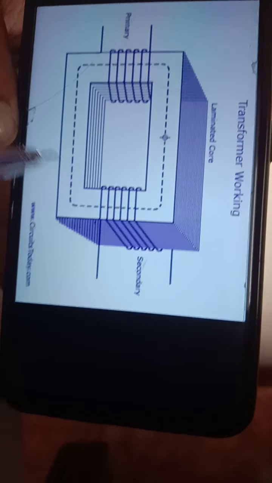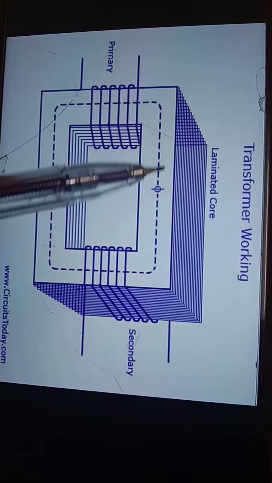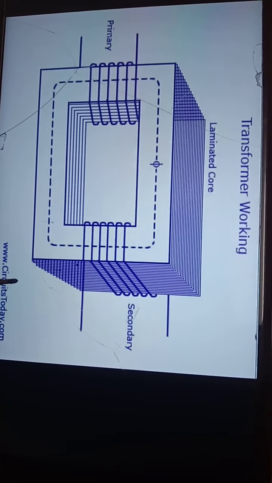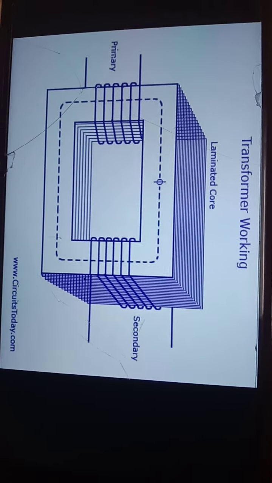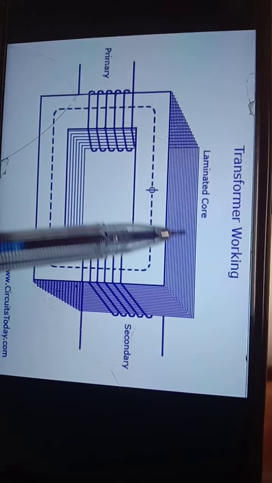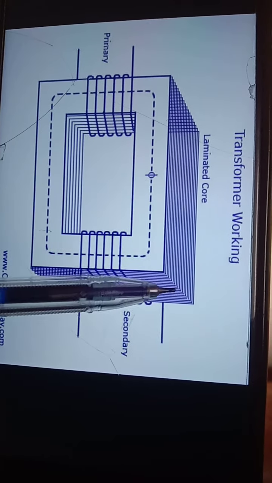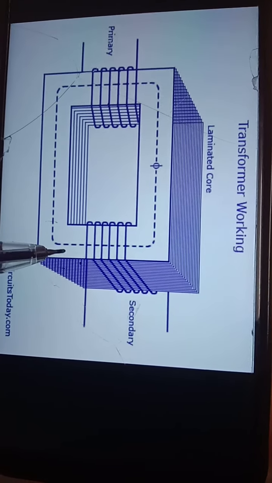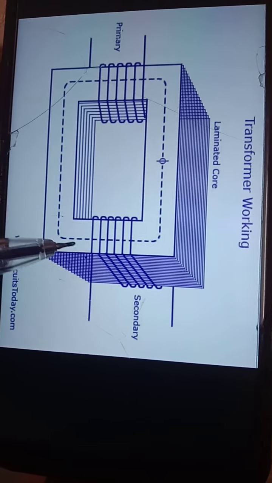Which type of currents are set up? Eddy currents. So when there is a change in magnetic flux linked with the core of the transformer, eddy currents are set up in that transformer. Understood? These eddy currents in the laminated core, or the iron core, will produce some heat.